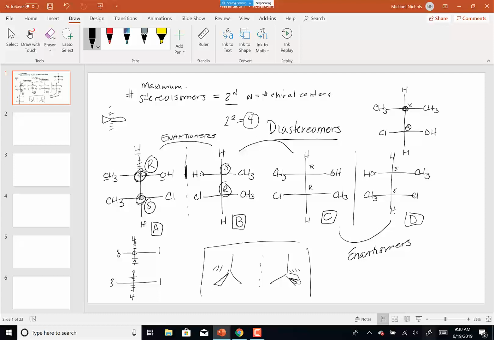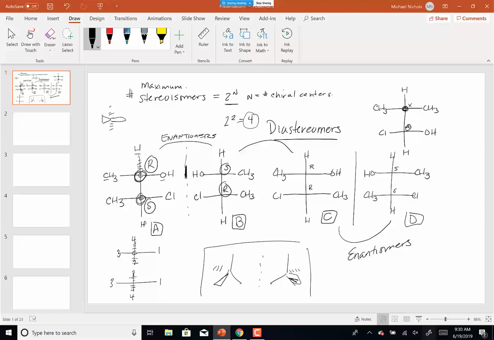For enantiomers, we said every single one was opposite. Is that true between B and C? No. One set is opposite and one set is the same.